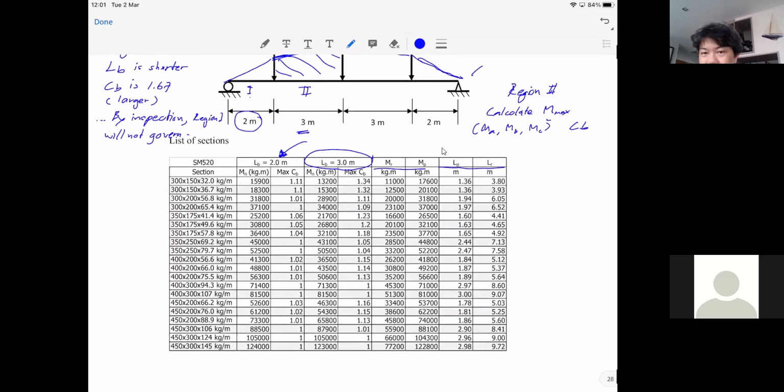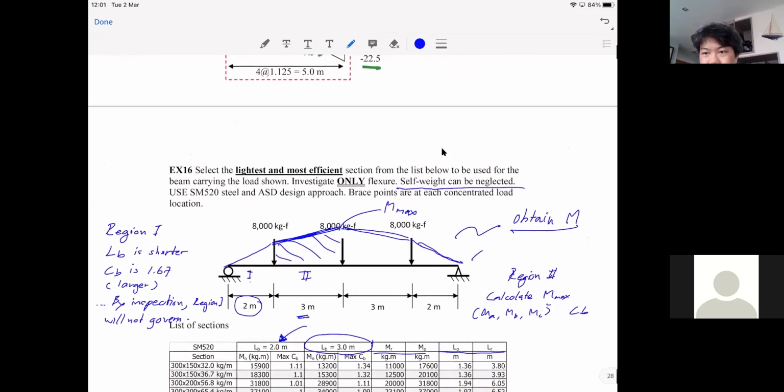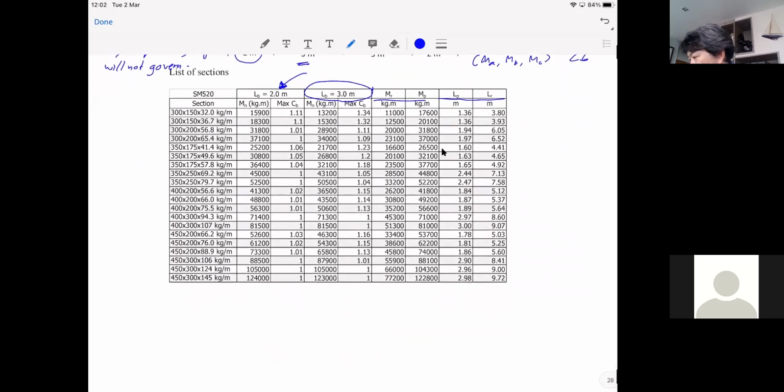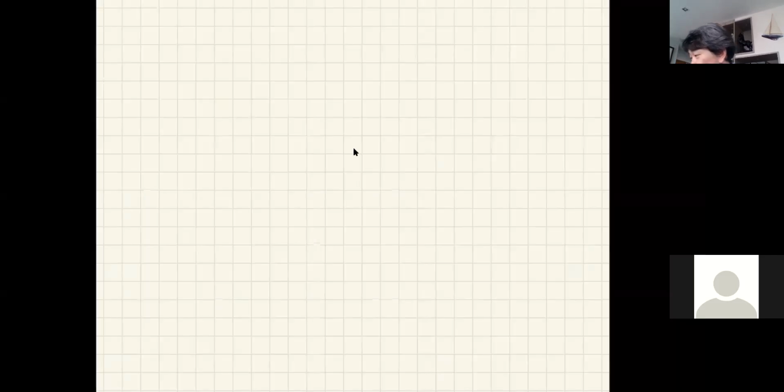Okay. And this example is pretty much the same as your design project, because in your design project, I should write here to be more clear, you will have the roof, the beam on the roof. I believe it's this case, right?